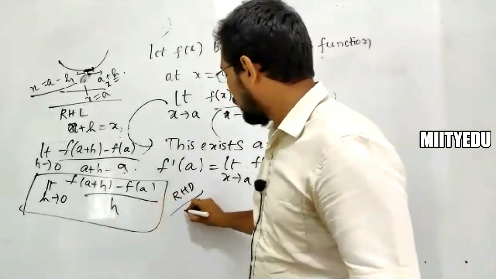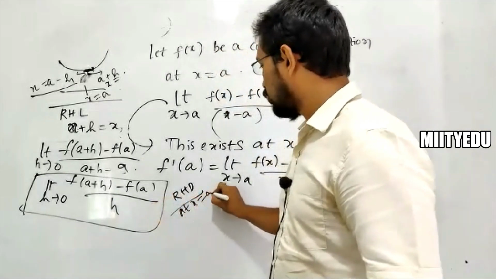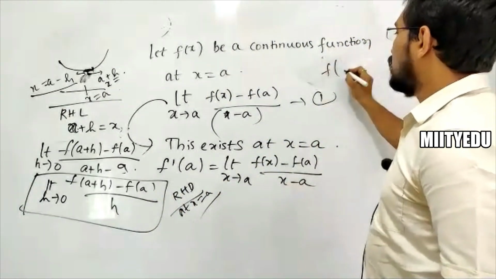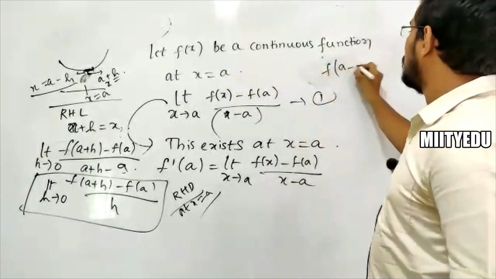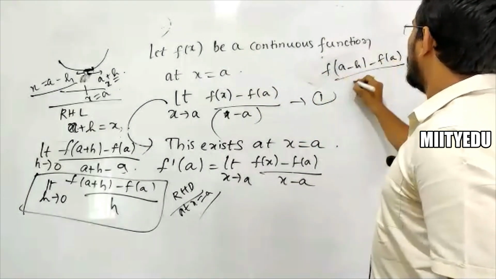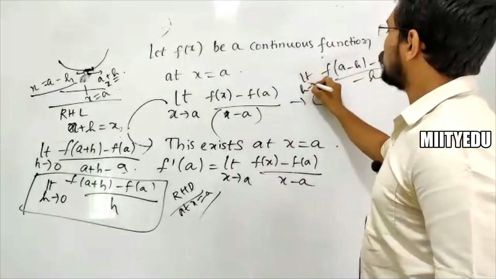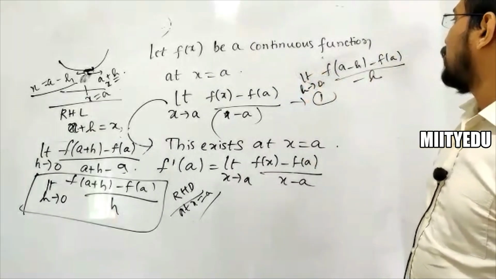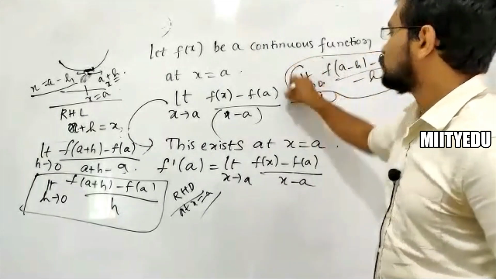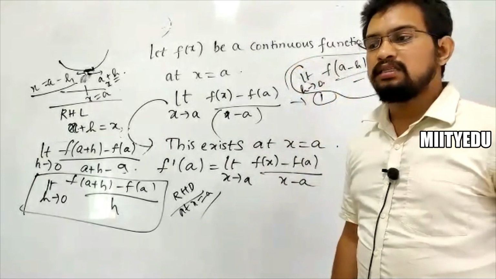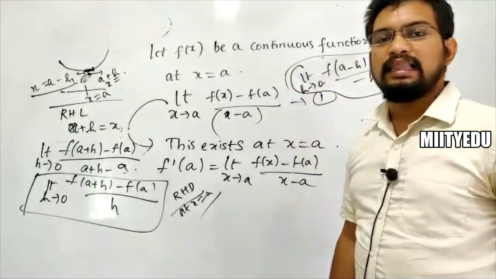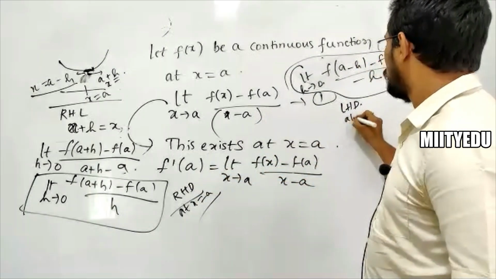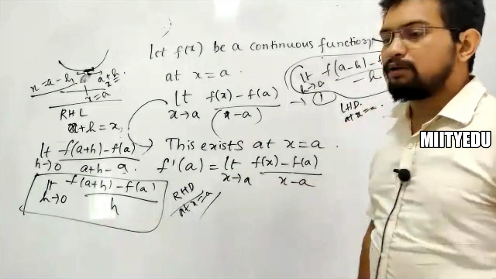So this is the right hand derivative at x is equal to a. Similarly, if I write something like limit h tends to 0, f of a minus h minus f of a by minus h, this is what you will be terming as a left-handed derivative. One is a right-handed derivative at x is equal to a, and one is a left-handed derivative at x is equal to a.